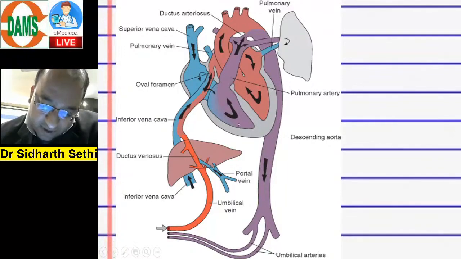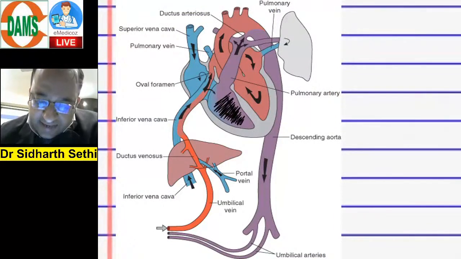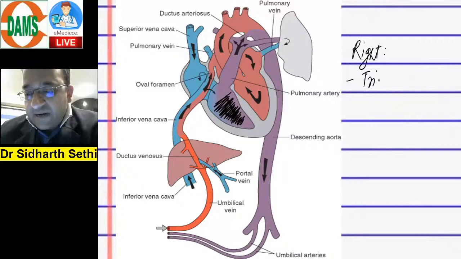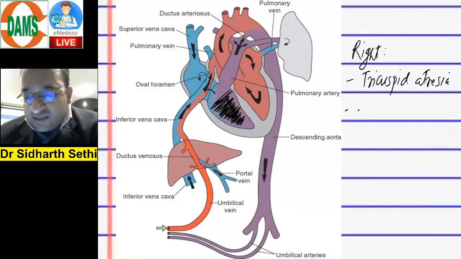So for example, if I show you a right-sided disorder, for example, tricuspid atresia, okay, then what else? A severe pulmonary atresia.